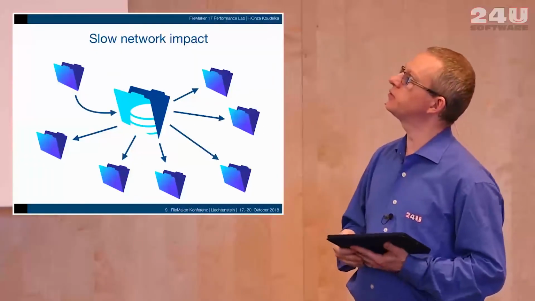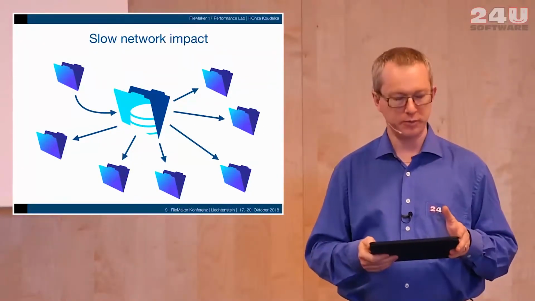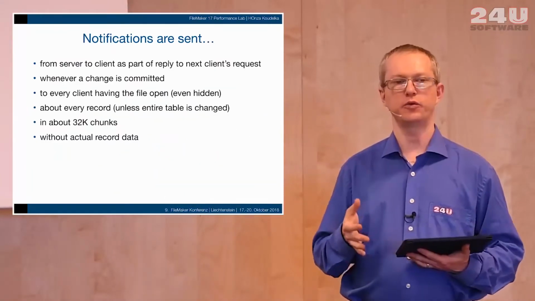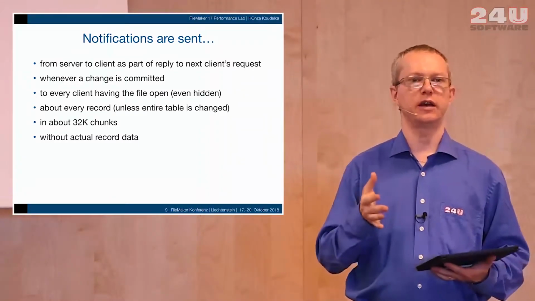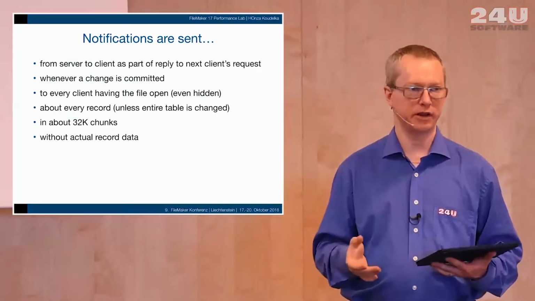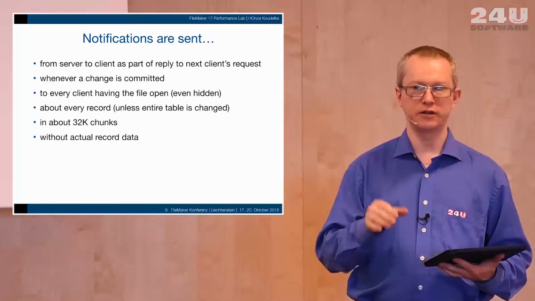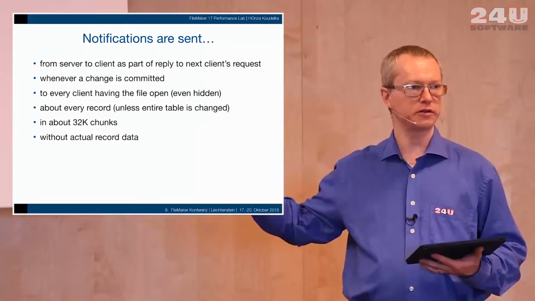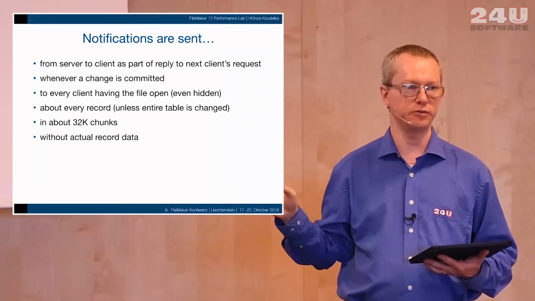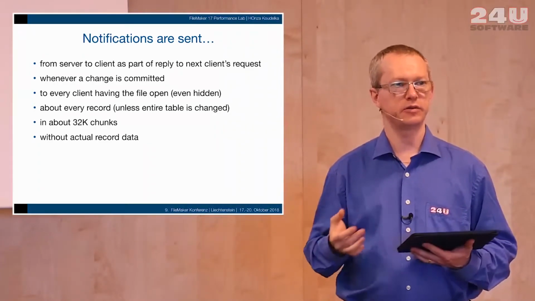The next topic I want to talk about is the impact of a slow network. What makes FileMaker unique, and we all love it for it, is that when you make a change, the change immediately appears on the screen of every user who has the solution open. But this comes with a cost.